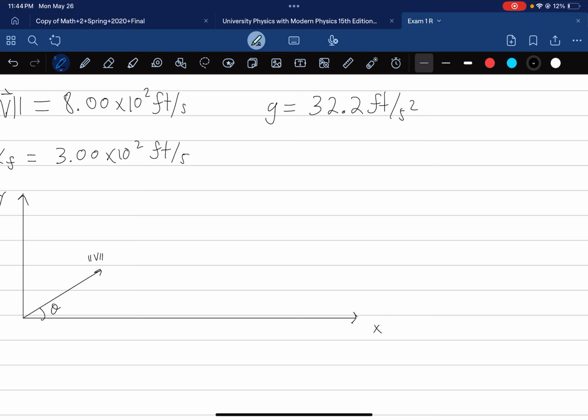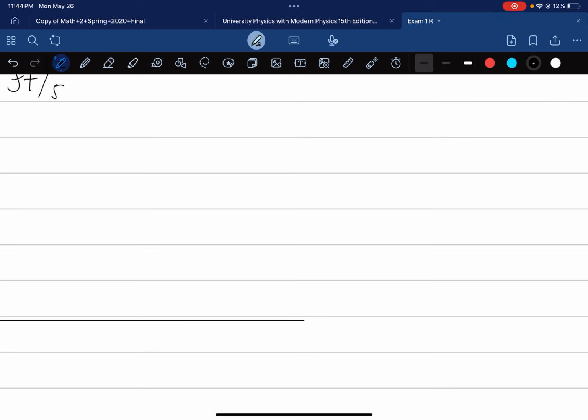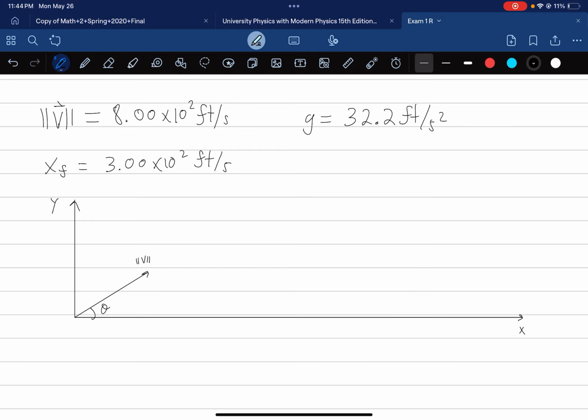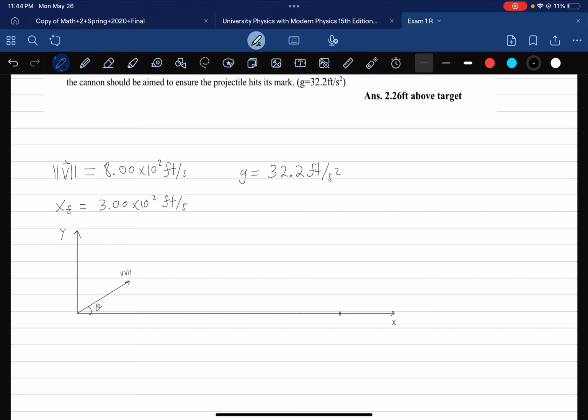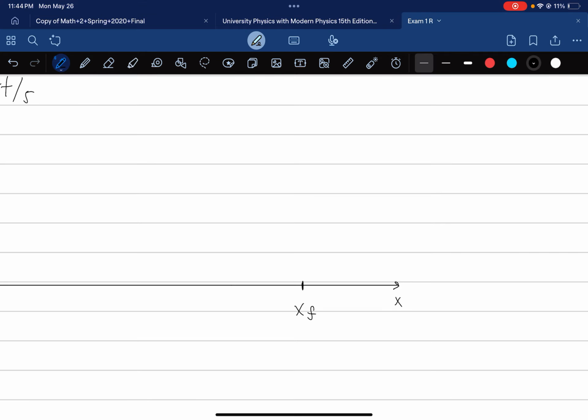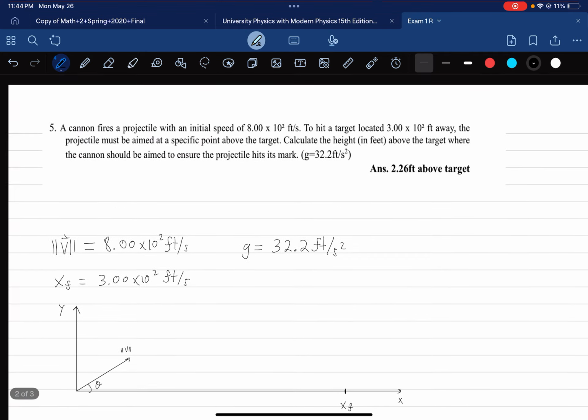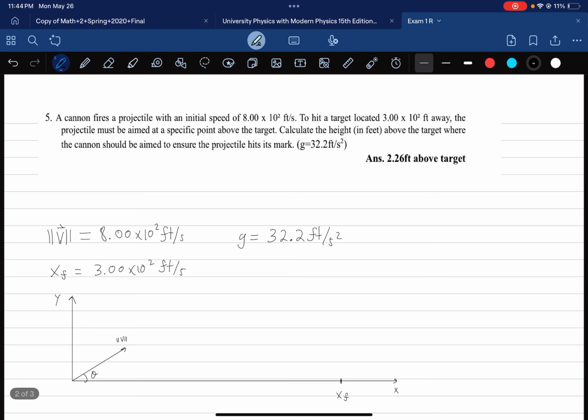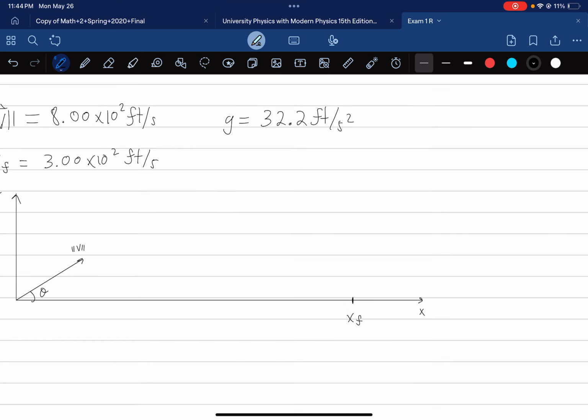Actually, let's fix up something a little bit. Let's extend this a little bit so we have more space. Okay, so let's say this spot right here is x_f, which is where the target is located.